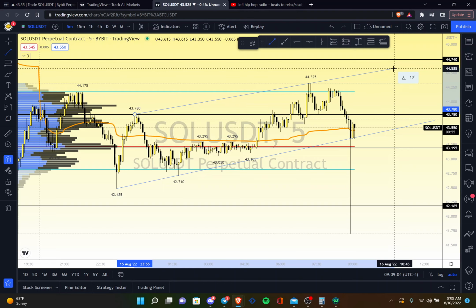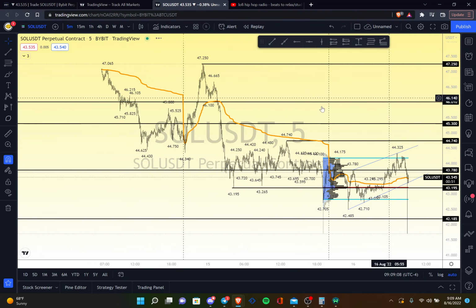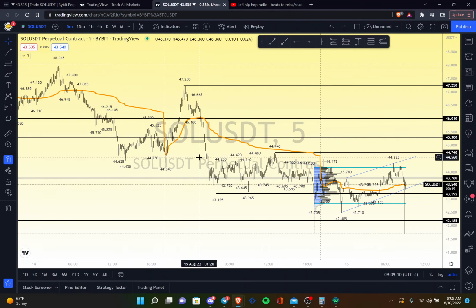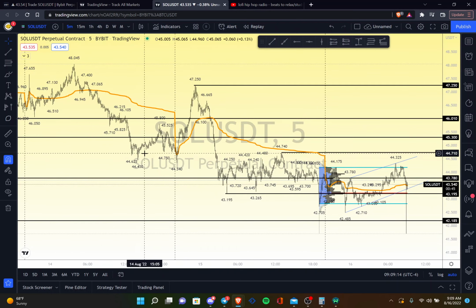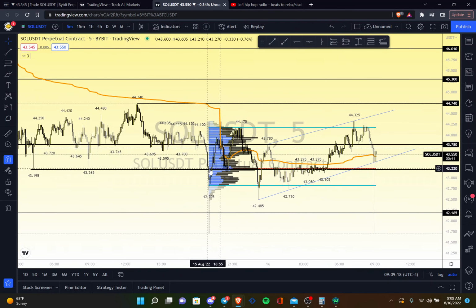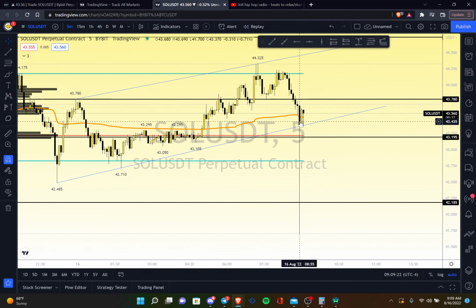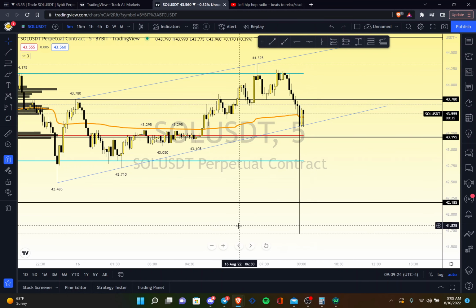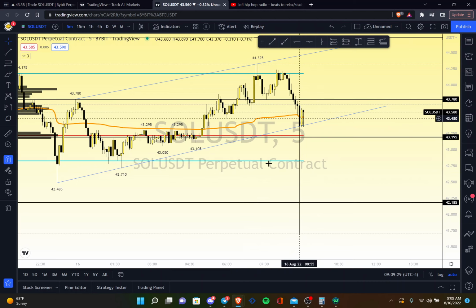So we do want to have a bit of a bias to the downside, as we have been declining. Whenever you're in a declining cycle and you start seeing rising structures within it, that's your indication that short positions will probably be more profitable for you going forward. So that's what I'm going to be looking to eye right now.